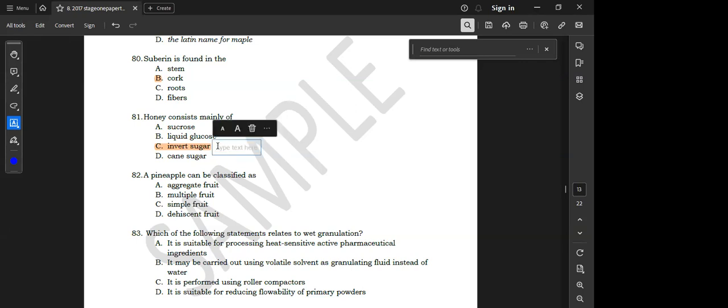A mixture of fructose and glucose. So it's a mixture of fructose and glucose, invert sugar.